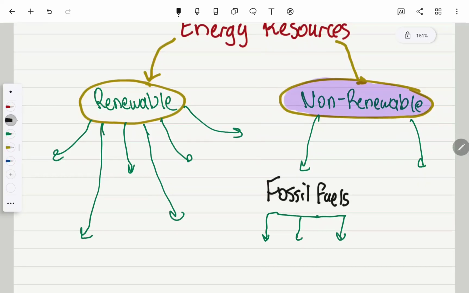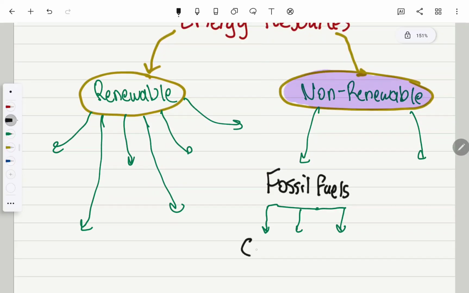So when it comes to fossil fuels, some people use coal, which is made out of trees. Some people use oil, and a lot of stuff comes under oil, because there is diesel, there is normal gas, whatever it is, but all of them are considered to be oils. And lastly, a lot of people use what we call natural gas.